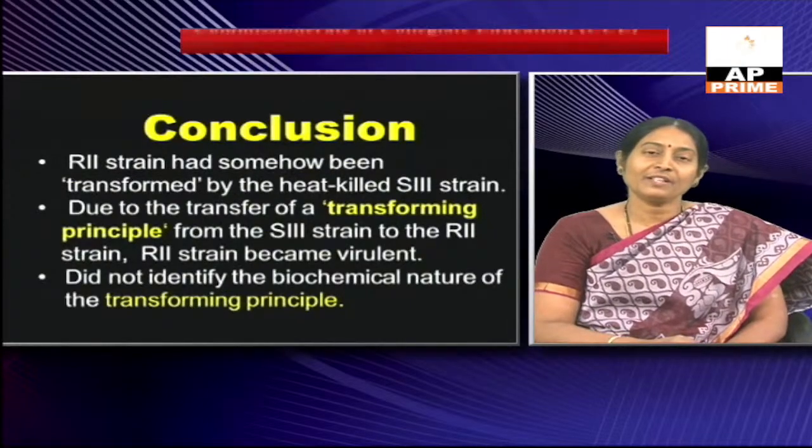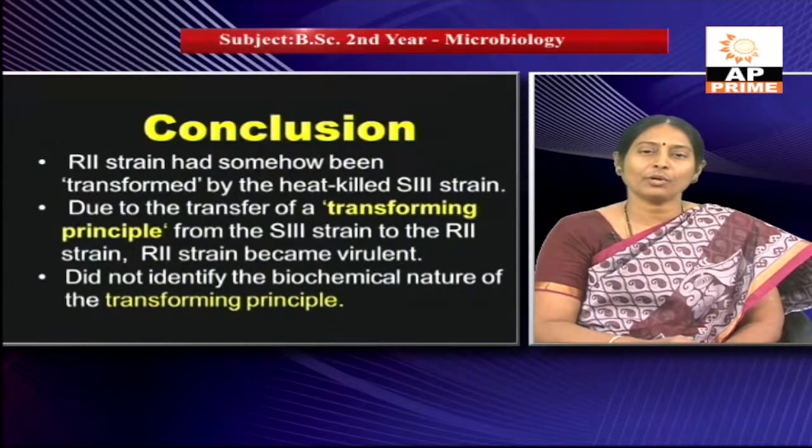However, Griffith's experiment was a turning point towards the discovery of DNA as the genetic material. But he could not identify the biochemical nature of the transforming principle in his experiments.